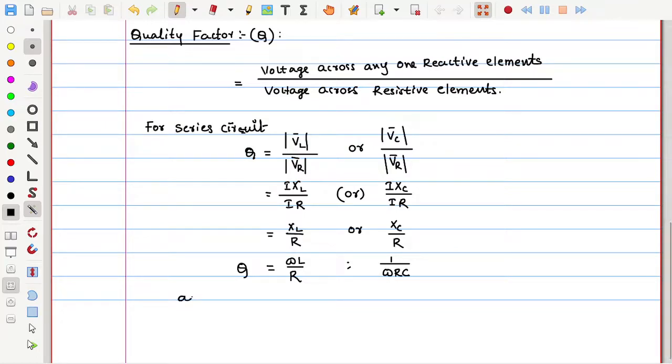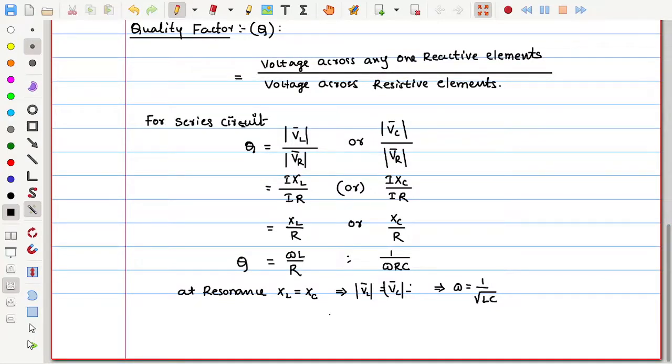And we know that at resonance, XL is equal to XC for a series circuit, thereby VL magnitude is equal to VC, and as a result we get omega as 1 by square root LC. If we substitute omega here, we get the quality factor as 1 by square root LC into L by R for case 1. You can try the second one; I am doing only the first part.